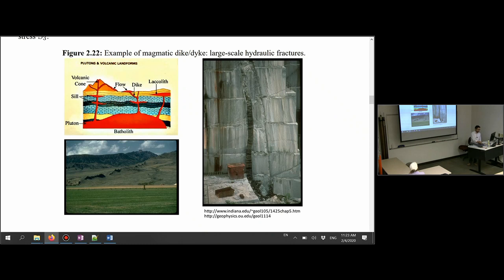What do you think was the pressure needed for that dike to open up the ground? Yes. And what is a fracture pressure? Yeah, but what? What specifically?